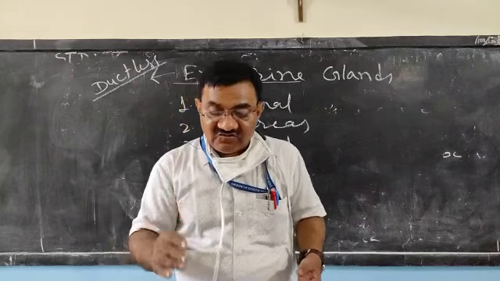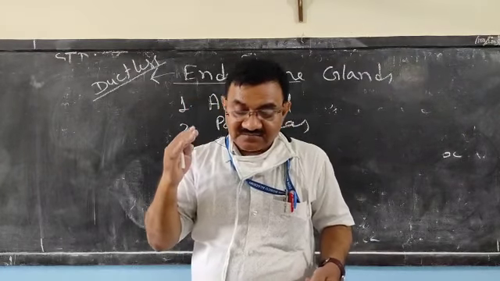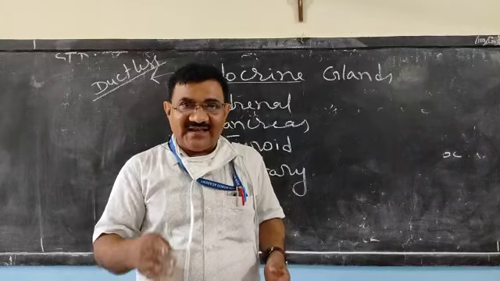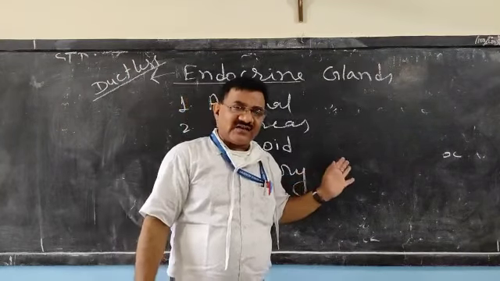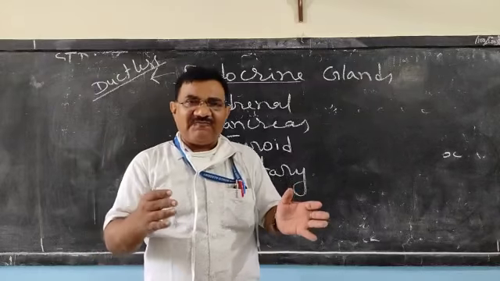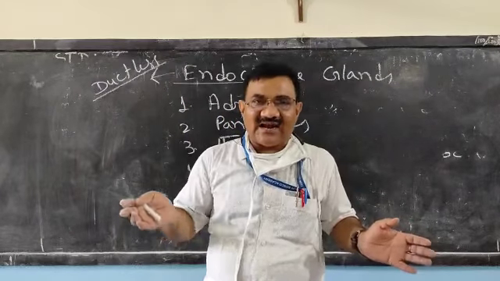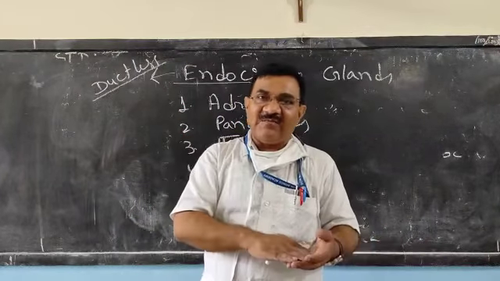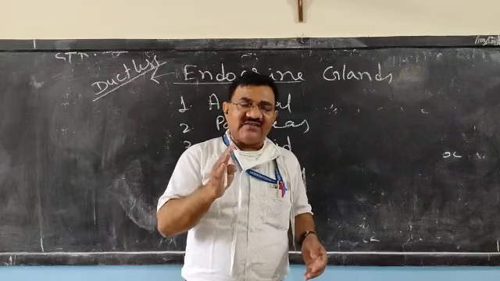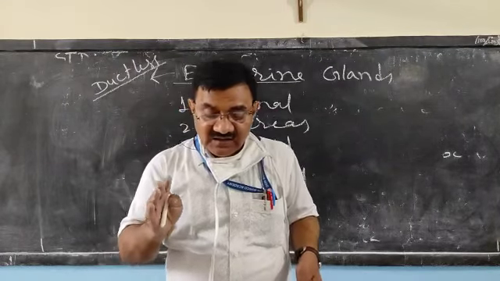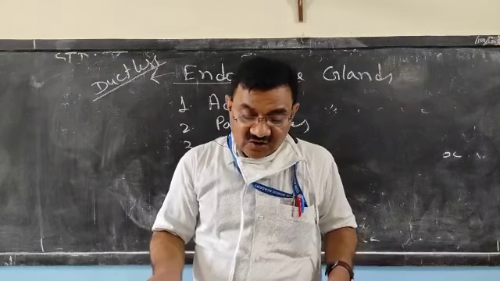Overgrowth of the cortex causes premature sexual maturity in young children. Some females may develop male characters and some males may develop female characters, that is adrenal virilism, due to the overgrowth of the adrenal cortex.